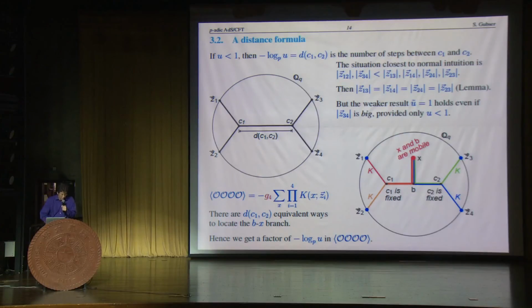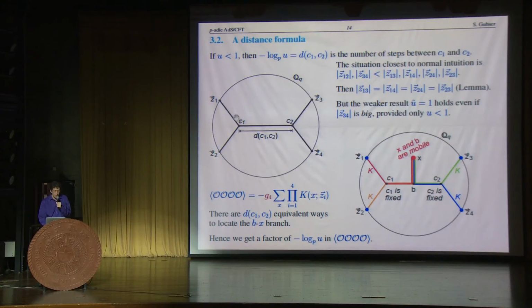I'm running out of time, but I can tell you where the log u came from. If u is less than 1, then there's a diagram similar to what I drew here, where z1 and z2 are essentially close together, and so are z3 and z4.